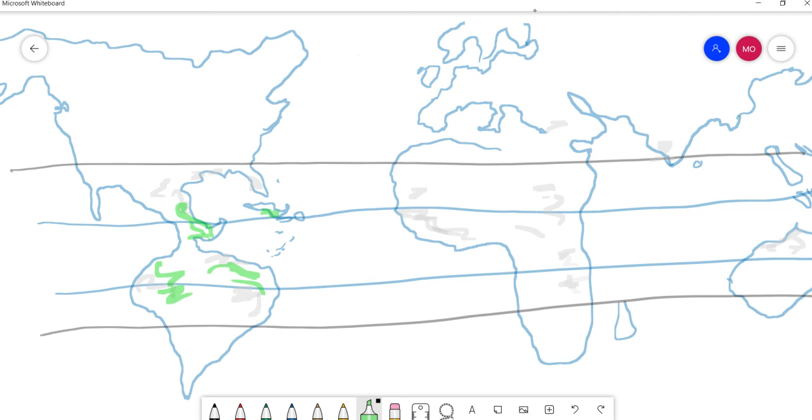And now we need our green. Our green is going to represent our cocoa, and we can find it in places like Cuba, Dominican Republic, Jamaica, Mexico, Peru, Venezuela, Colombia, Ecuador, Brazil.